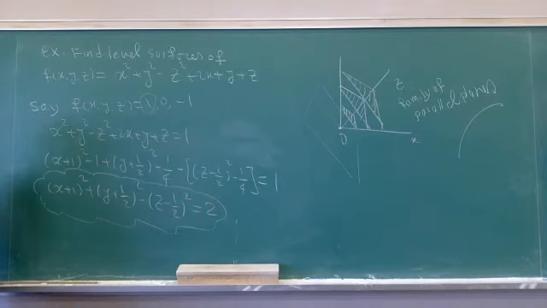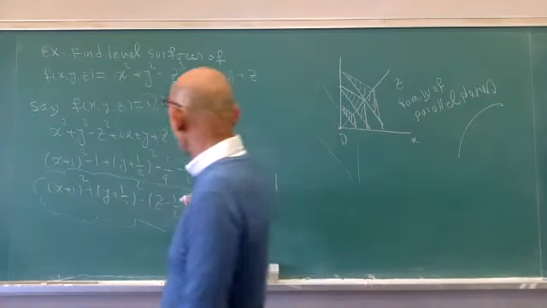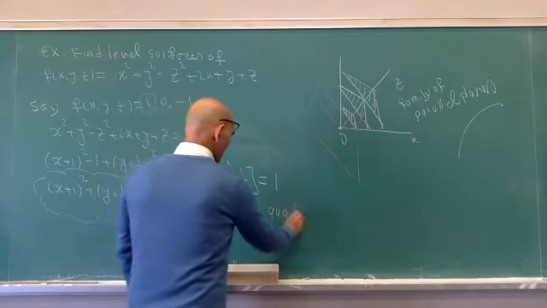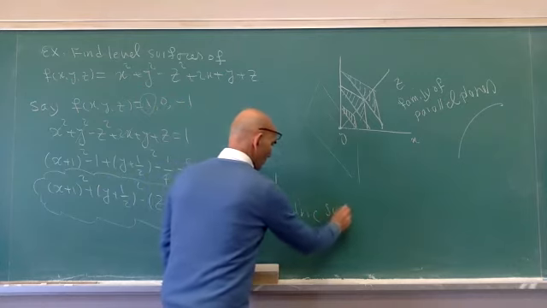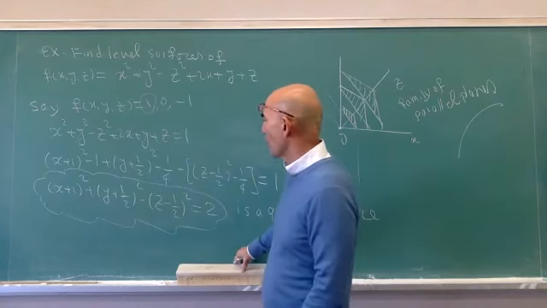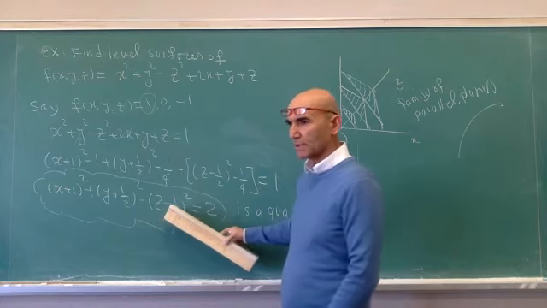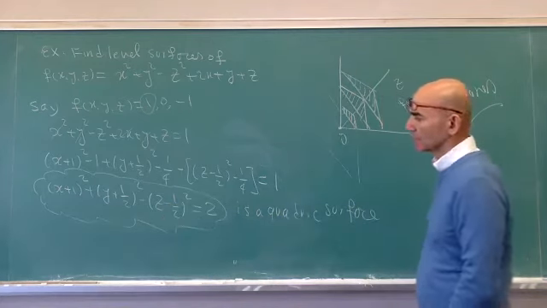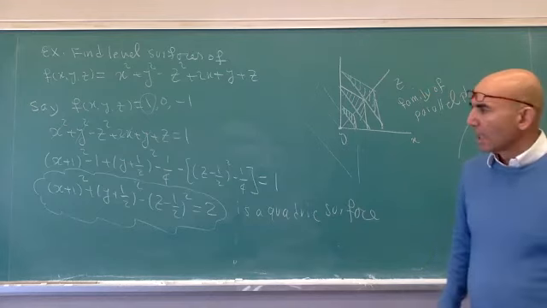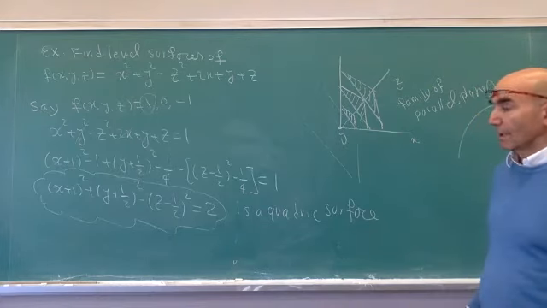So we are back to chapter 3 again, and this is a quadratic surface. But we have to know which quadratic surface it is. A hyperboloid of 1 sheet.